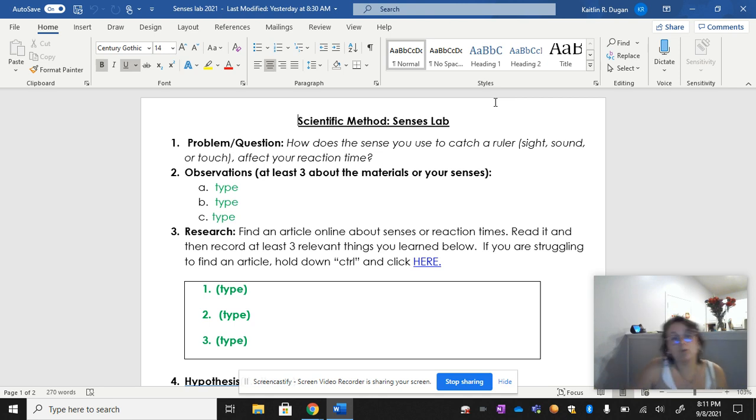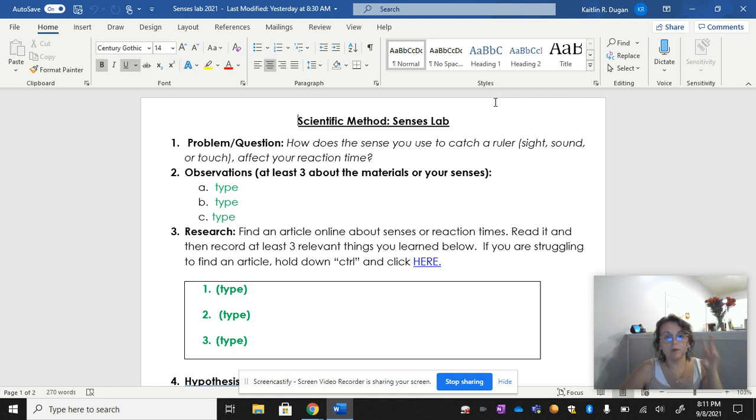Now, we have been working on the scientific method for about a week now, more like 2 weeks, okay? And we have talked about the steps of the scientific method, and we are going to put them into practice pretty much for the first time since we've learned it. So remember, the scientific method is POUR HEPCAC, all right?